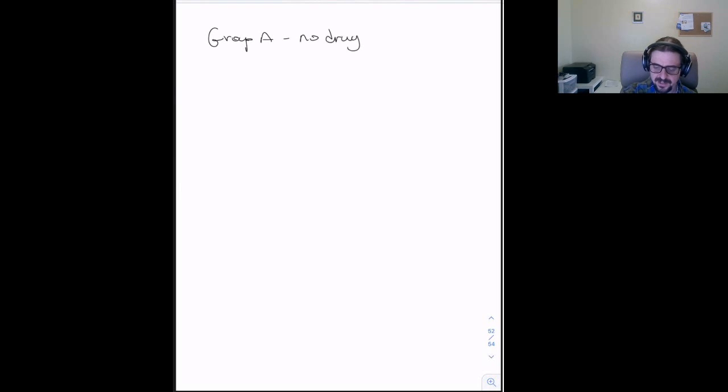So these are athletes with no drug intervention, and then group B is the drug experimental group. They give this drug to group B, and they give a placebo to group A.